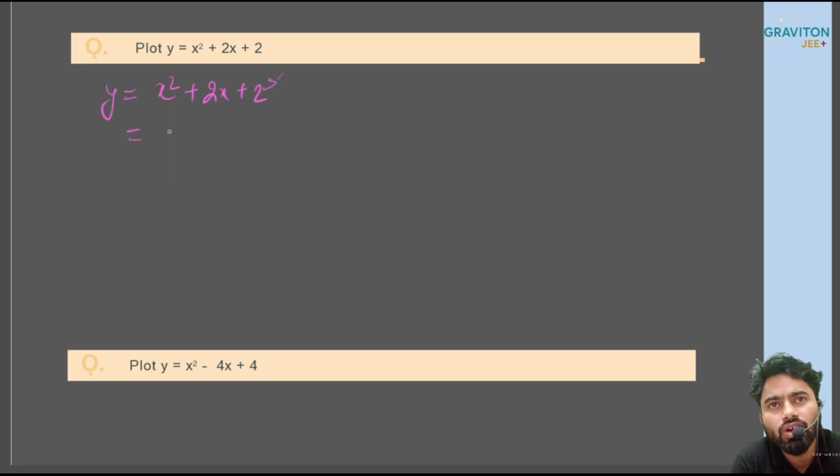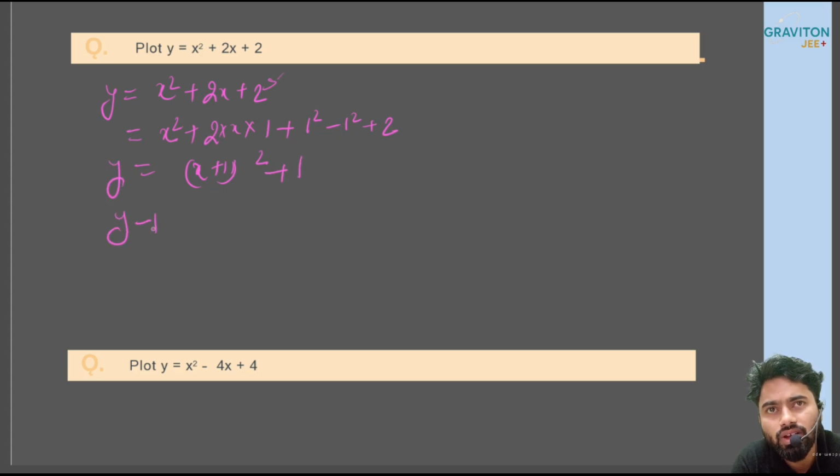So basically you transform this x square plus 2x into x square plus 2 into x into 1 plus 1 square minus 1 square plus 2. So this will be a square plus 2ab plus b square. So this will be x plus 1 whole square, and this will be minus 1 plus 2, nothing but plus 1. So your y will be here.